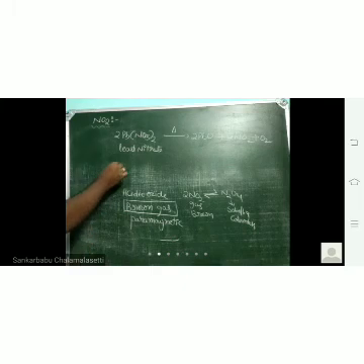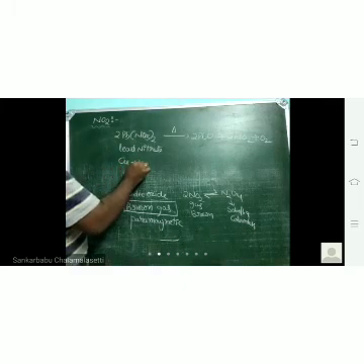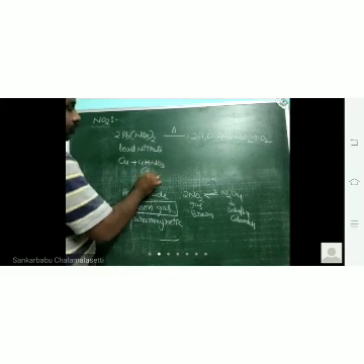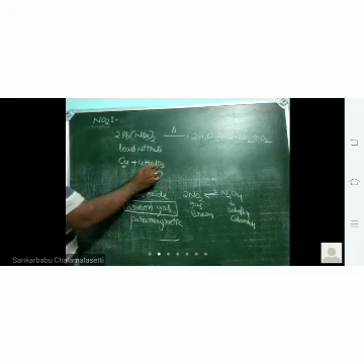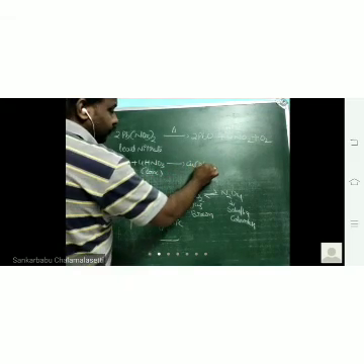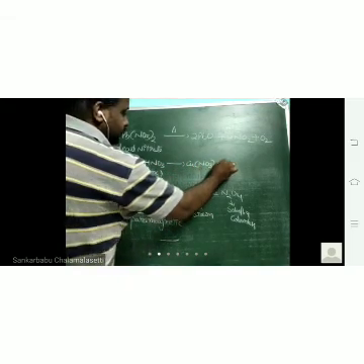Next, one more method is there. When copper is treated with concentrated nitric acid, copper valency is 2, so it will take 2 NO3 from HNO3. Cu(NO3) taken twice.